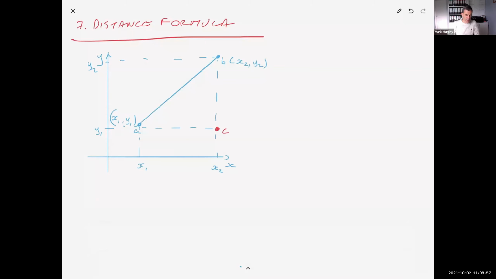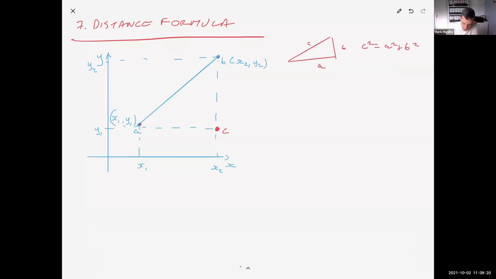So if you remember back to Pythagoras, you have a triangle like this. And this was A, this was B, this was C. Then we know that C squared is equal to A squared plus B squared. Pythagoras, isn't it? Very good. Now in our case, our C is AB, and that's what we want, right? So AB is this distance here.